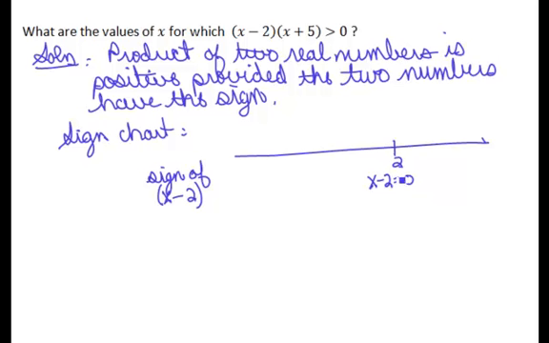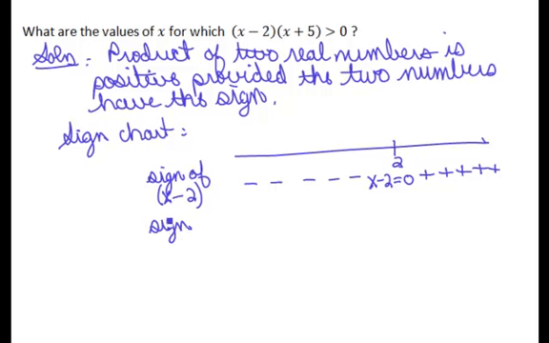So up until that point, if I'm putting in a number smaller than 2 for x, and I subtract 2, then I'm going to have a negative number. So up until that point where x equals 2, x minus 2 is negative. Once I'm plugging in a number bigger than 2, I subtract 2 and I get a positive number. So that gives me the sign of that expression.